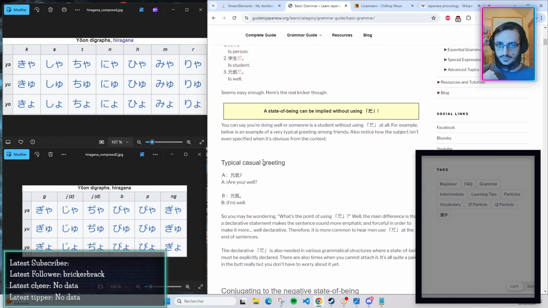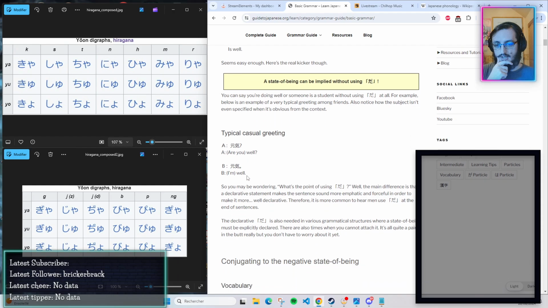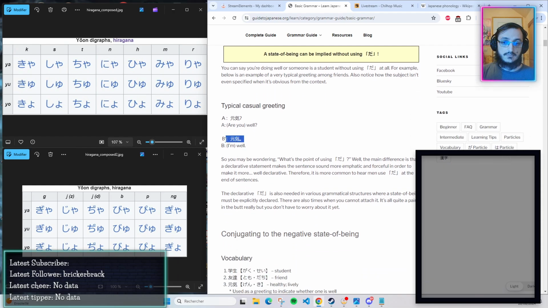So to ask someone if he is well, you will just say genki with a little upper tone at the end to imply that this is a question. Genki, are you well? The answer can just be genki or genki da. It's the same.